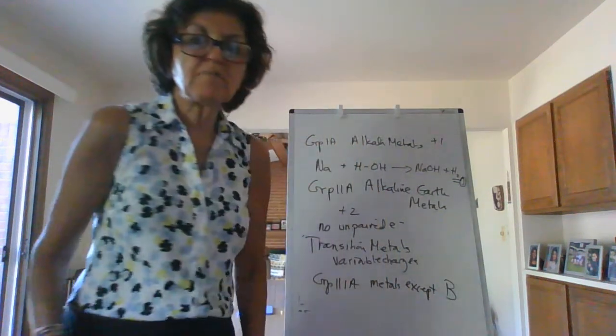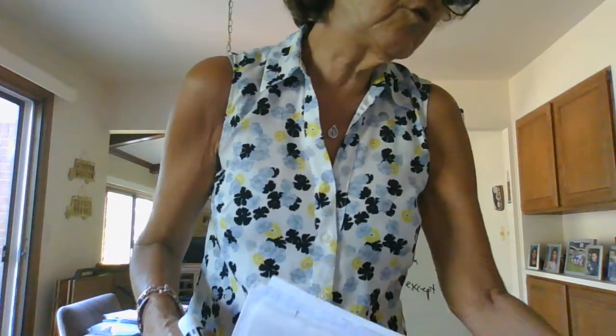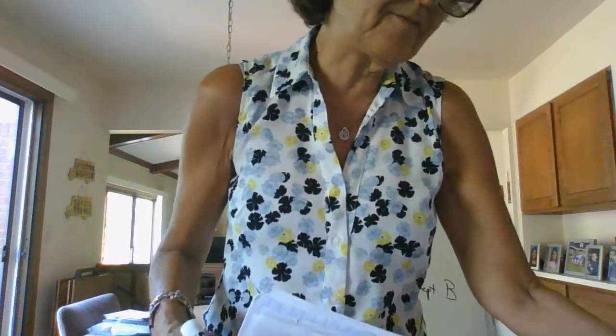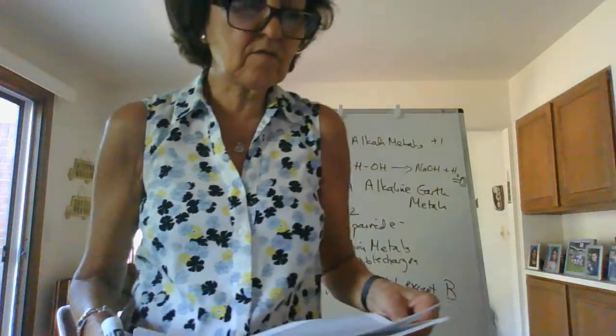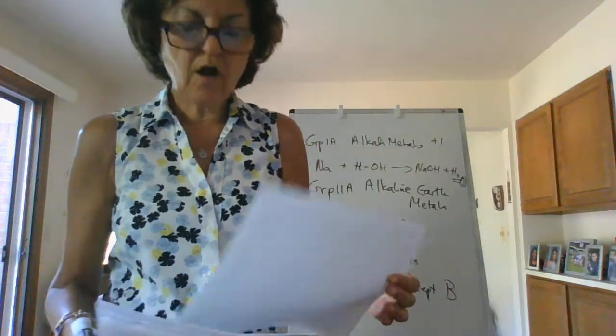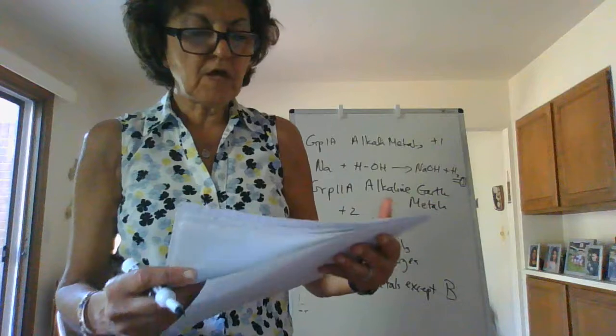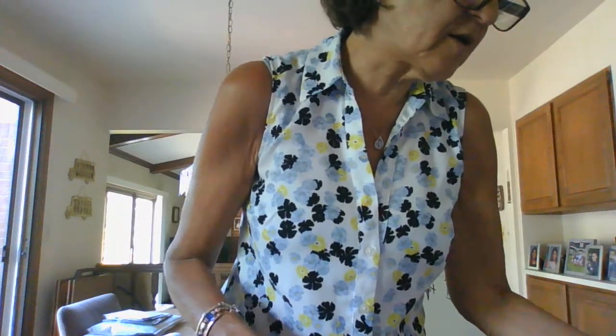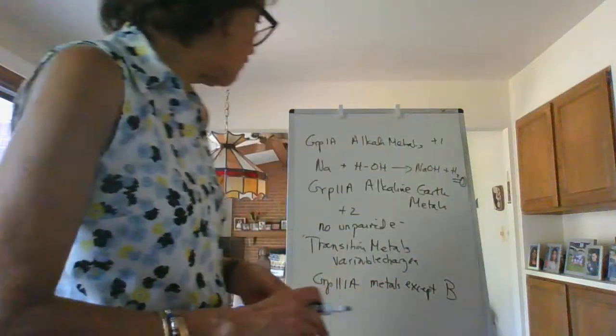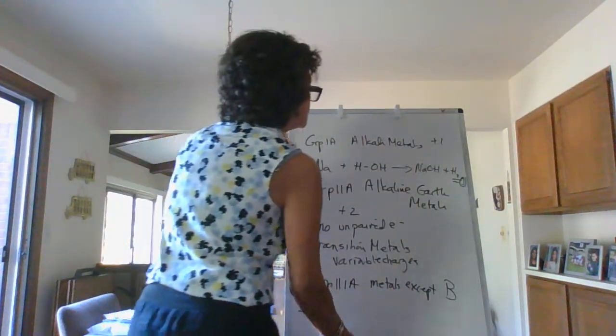Boron is a semi-metal or a metalloid. And usually group 3A are +3. Usually that's the case. Commonly +3. Okay. Group 4A, that's carbon and silicon and those guys, those mainly form covalent compounds.